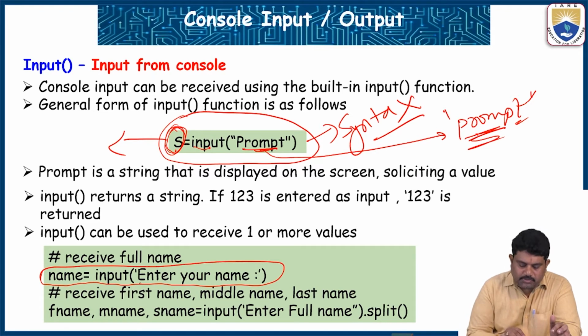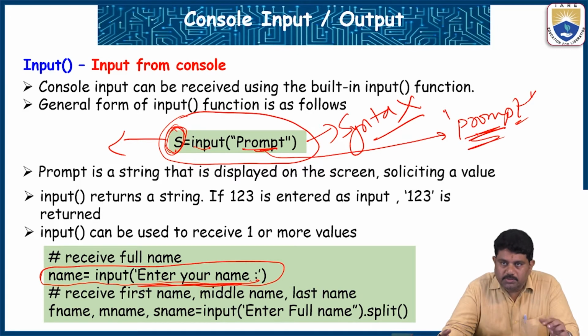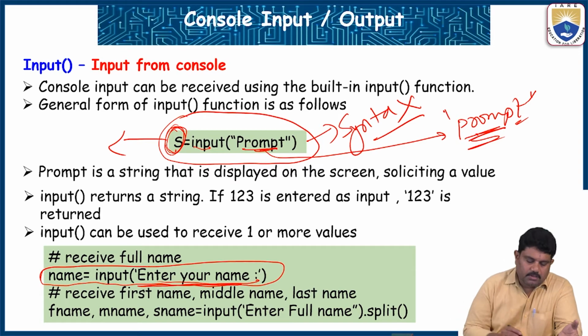This is the prompt string, enter your name. So the user who is using this program, after executing, can understand very easily what they have to do now. Based on this string, they can enter the name.